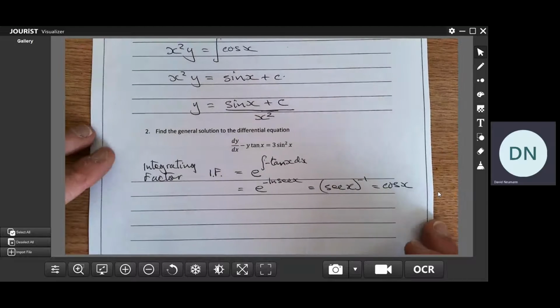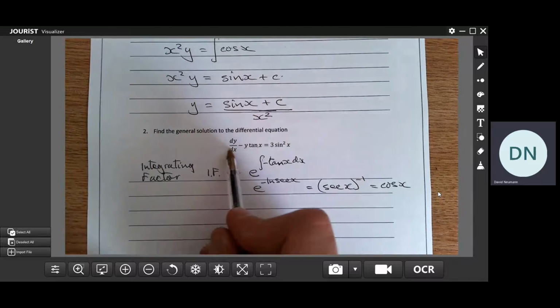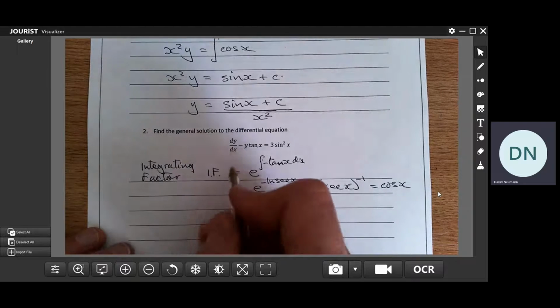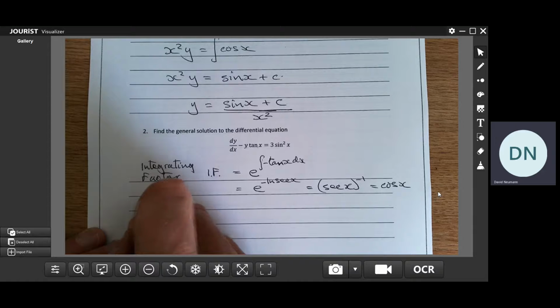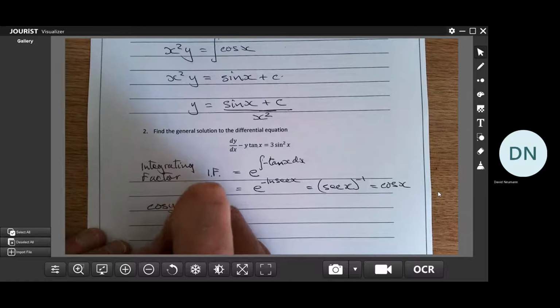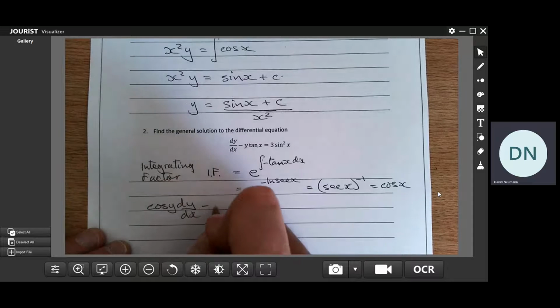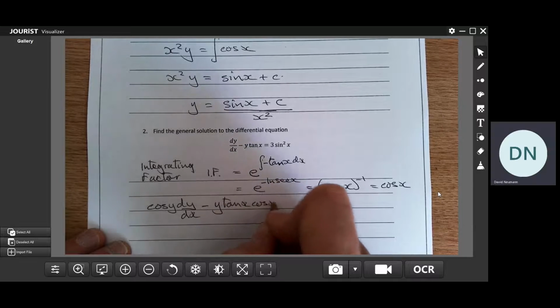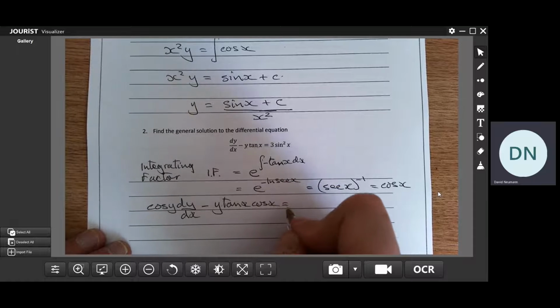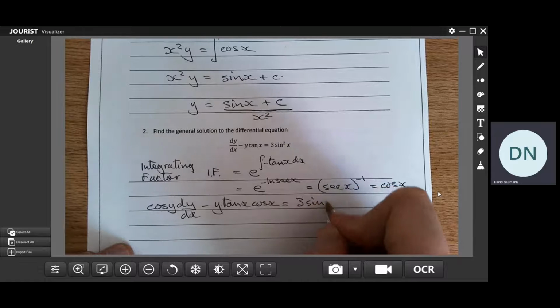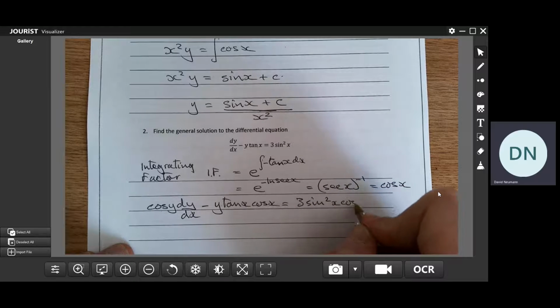Now, what do we do with that integrating factor? Well, we multiply through both sides of our equation by the integrating factor. So we're going to get cos x times dy by dx minus y tan x cos x is equal to 3 sine squared x cos x.